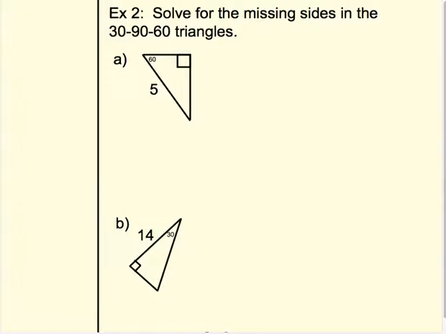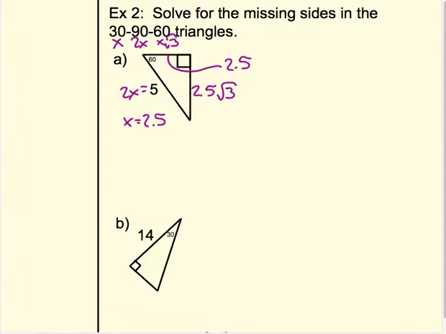So for the 30, 90, 60, remember we have x, 2x, x times the square root of 3. So in part A, we know the side across from the 90, so that is our 2x. Solving for x, we get 2.5, which is the side across from the 30. And then the side across from the 60 would just multiply by the square root of 3.